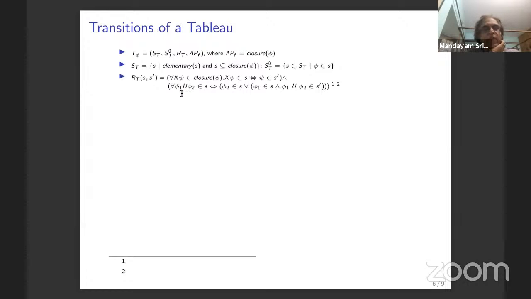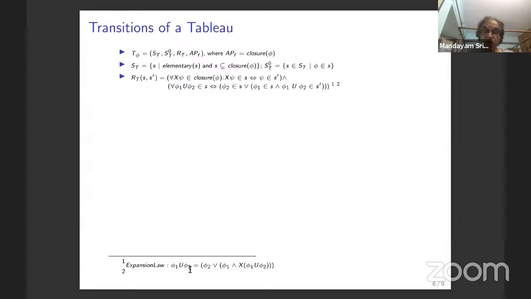And for every subformula of the form that has an until operator that is in S, you remember the expansion law of phi1 until phi2. That's exactly how the satisfaction semantics of phi1 until phi2 on a path pi is defined.